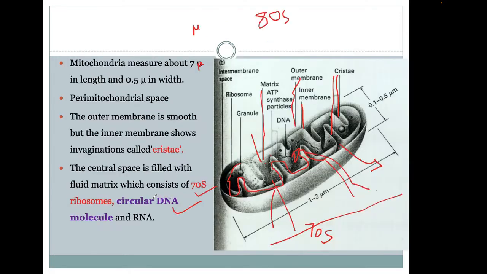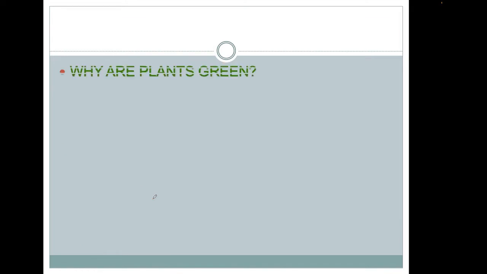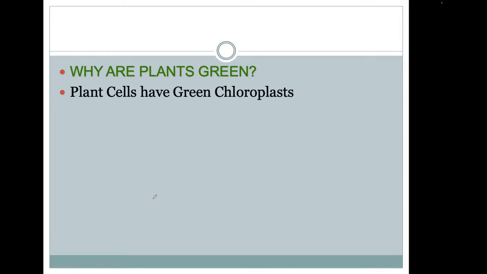Then we will discuss plastids. Why are plants green? Plant cells have green chloroplasts.